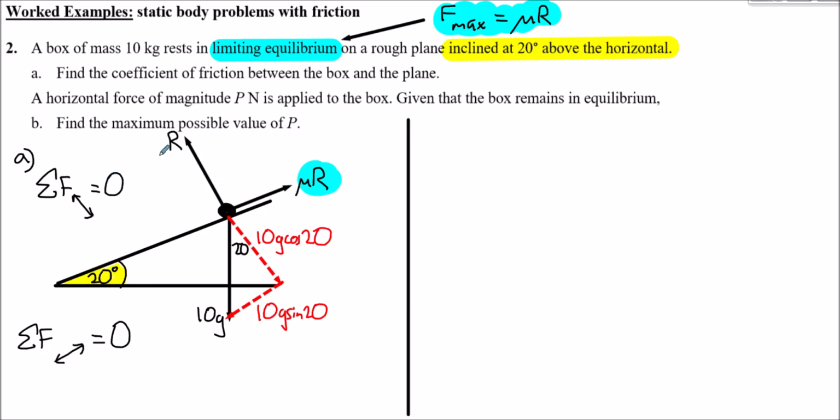So thinking perpendicular to the plane first, the only force perpendicularly up and away from the plane is the normal reaction. So R will be equal and opposite to the perpendicular component of the weight, which is 10g cos 20. So R must equal 10g cos 20.